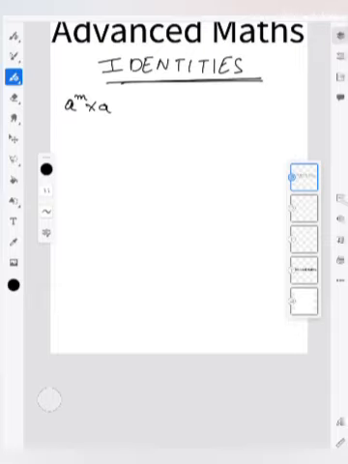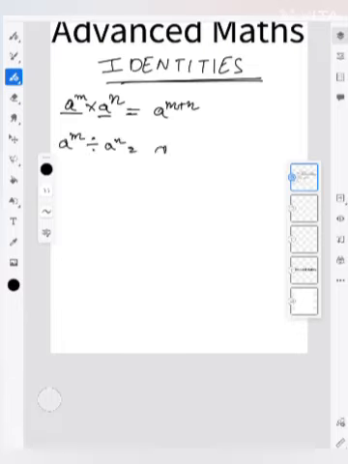a to the power m times a to the power n is equal to a to the power m plus n. When the base is same, the base remains the same and the powers add. Then we have a to the power m divided by a to the power n is equal to a to the power m minus n. When the base is same and divides, the power gets subtracted. Then we have a to the power 0 is equal to 1 if a is not equal to 0.